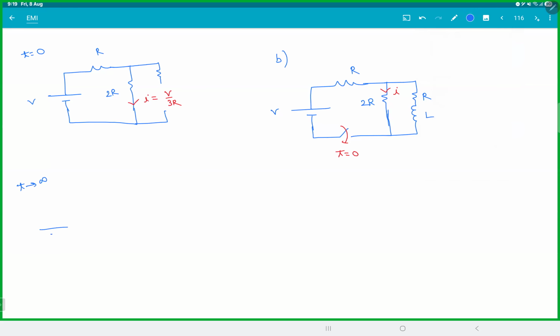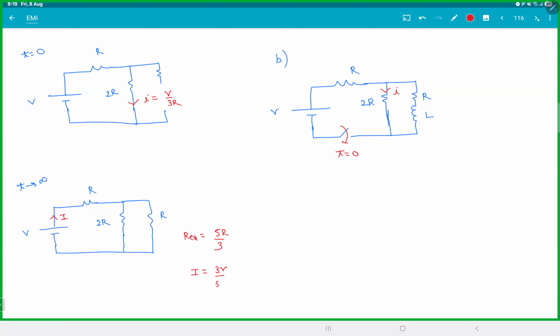At T infinity, it becomes a wire. These two are in parallel. 2R by 3 plus R. R equivalent will be 5R by 3. So in this branch, the current I will be 3V by 5R.